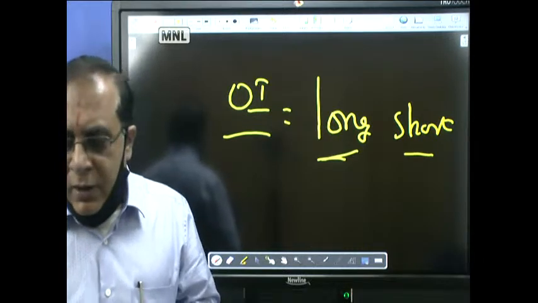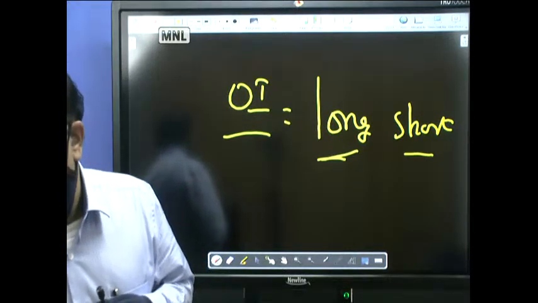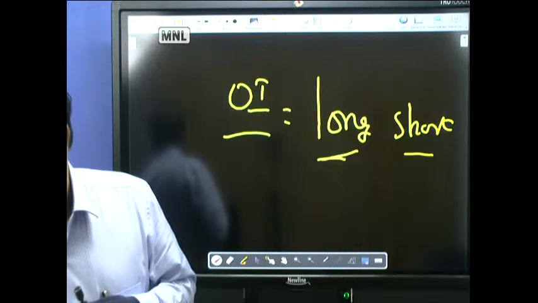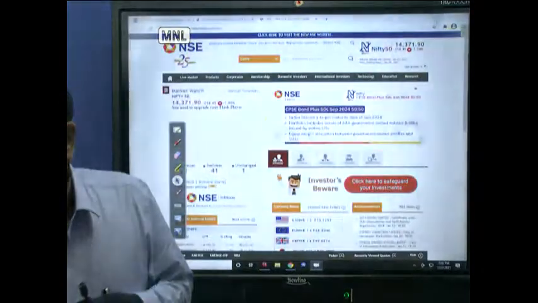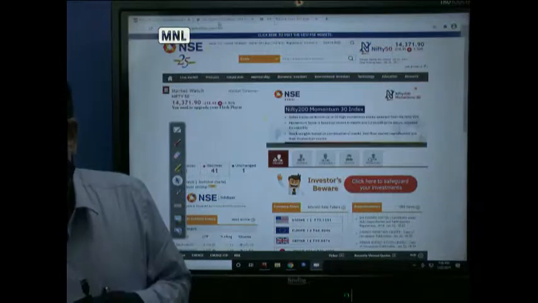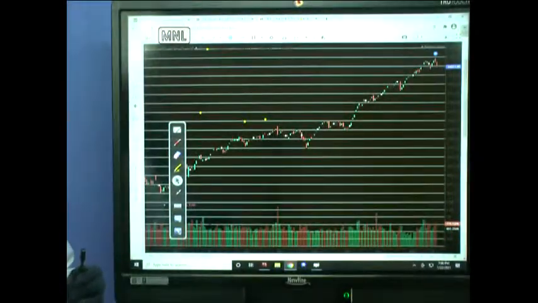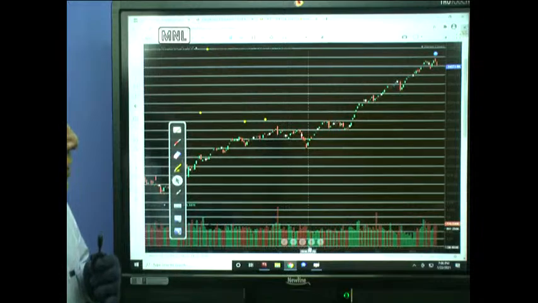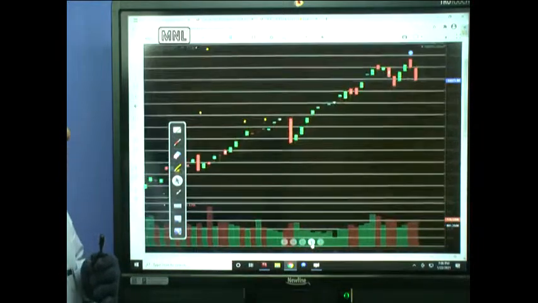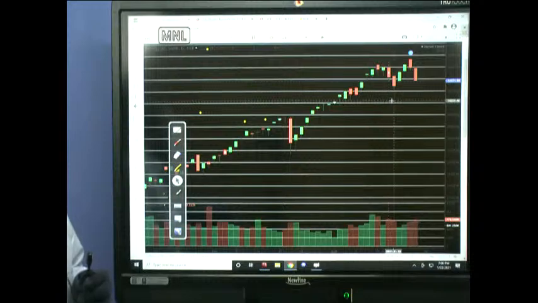For example, let's look at the chart. Now this is the Nifty chart, right? So now we will look at the daily chart in Nifty. The market rose from this level, right? This is the 14,222.